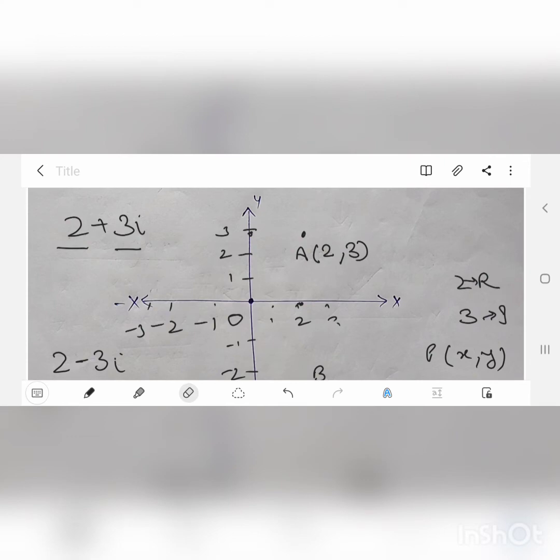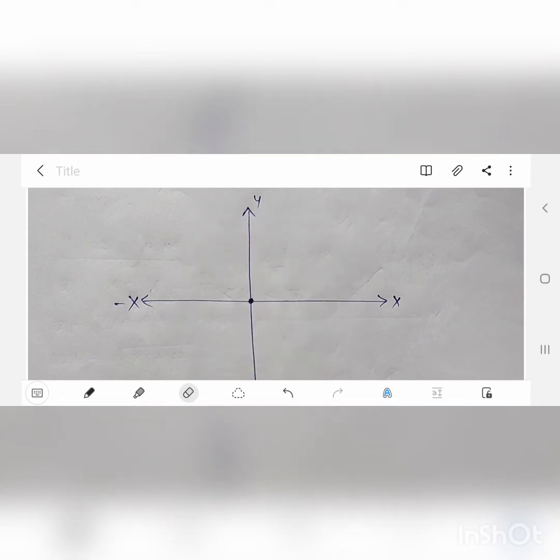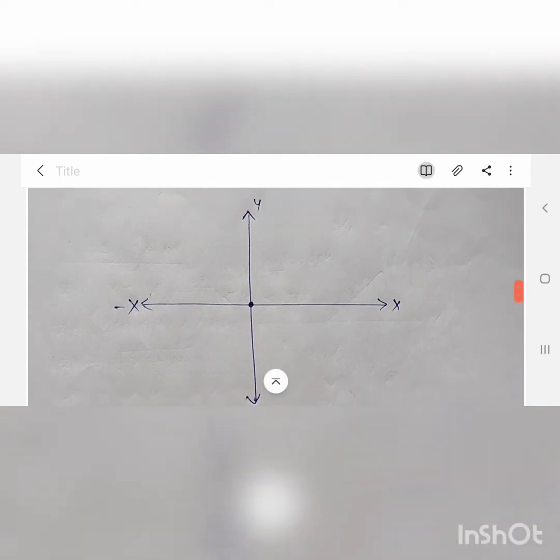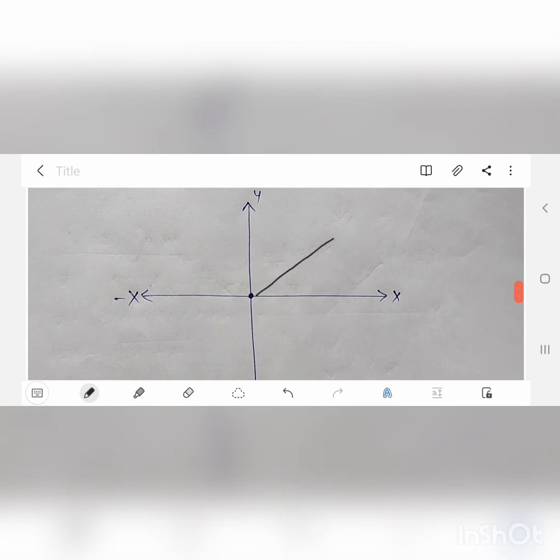Next we study how to calculate theta on the graph. First, suppose there is an angle theta. Then we calculate the angle in the second quadrant. We also note that this is a single straight line, so the angle is 180 degrees, meaning pi.